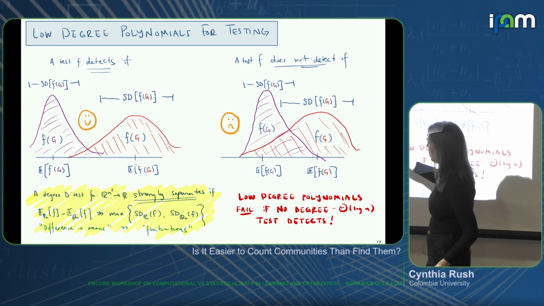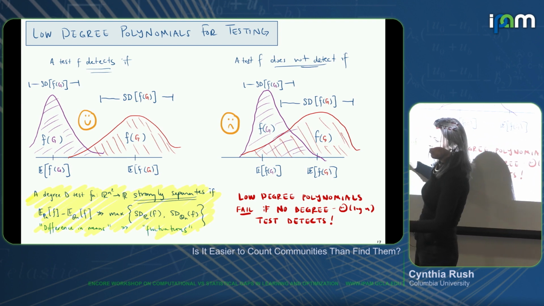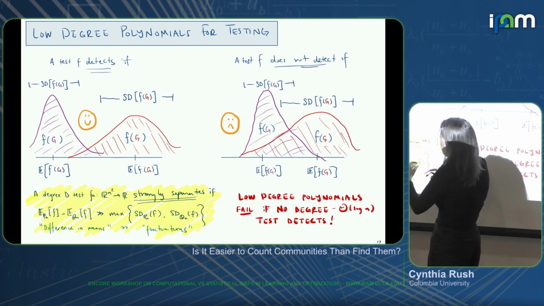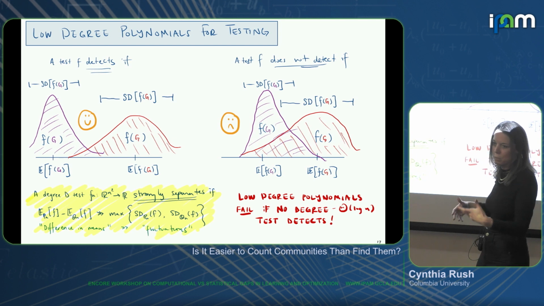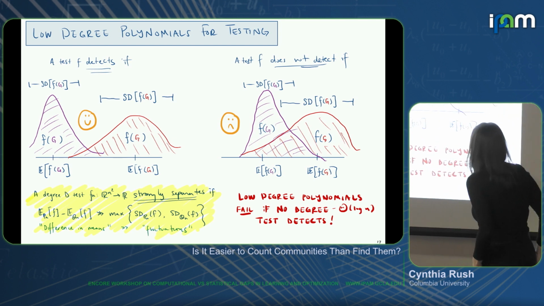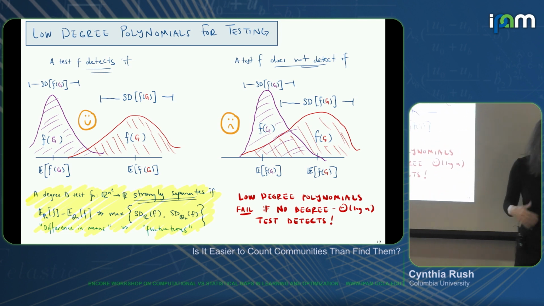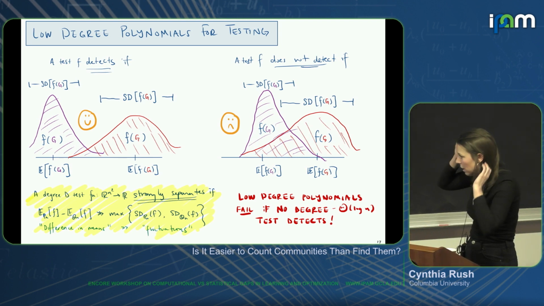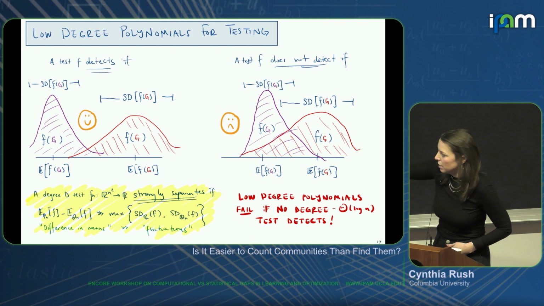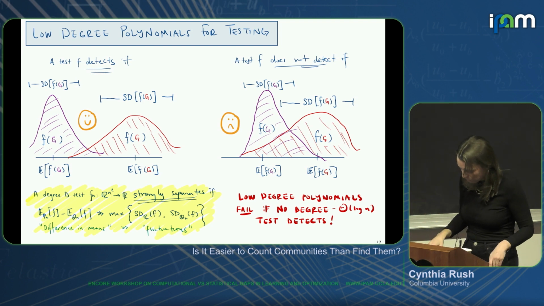Weak separation means you may not be able to completely do the testing, but you can do better than random guessing. Then we'll say low degree polynomials fail if no degree log n test detects or strongly separates.